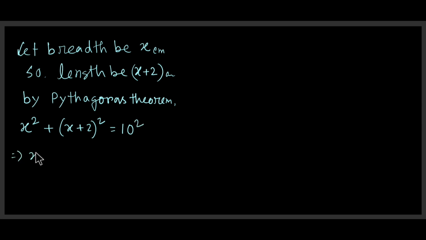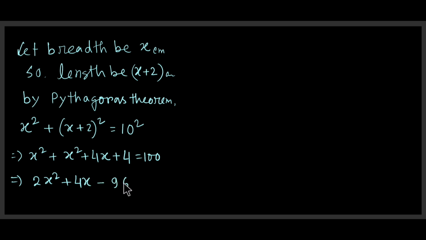So it is x square plus 4x plus 4 equal to 100. So 2x square plus 4x minus 96 equal to 0. So take 2 as common factor, so it is x square plus 2x minus 48 equal to 0.